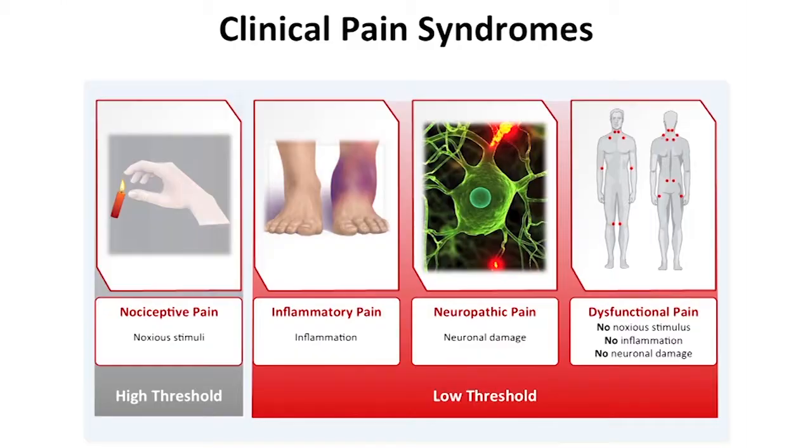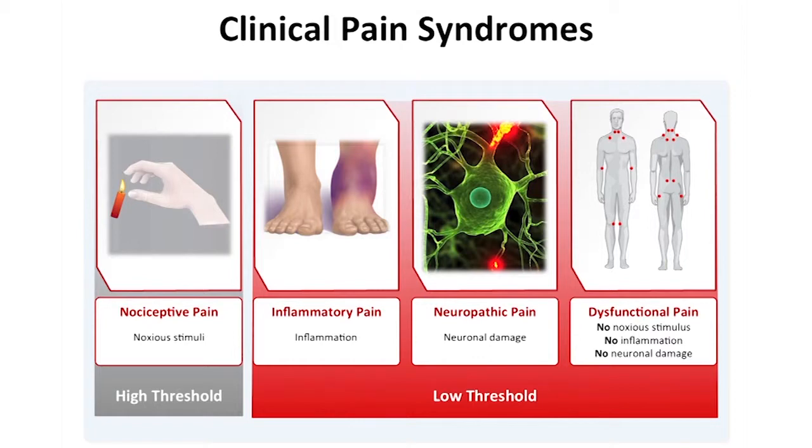And a big feature mechanistically about how pain is generated is to understand this transition from a high threshold pain, which is nociceptive pain, to low threshold clinical pain syndromes, because it is this heightened hypersensitivity which is the feature that makes pain so difficult for our patients.